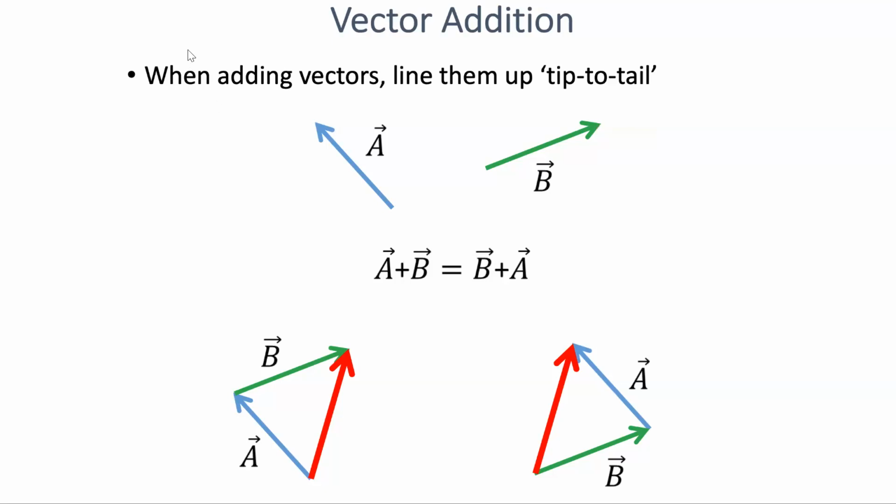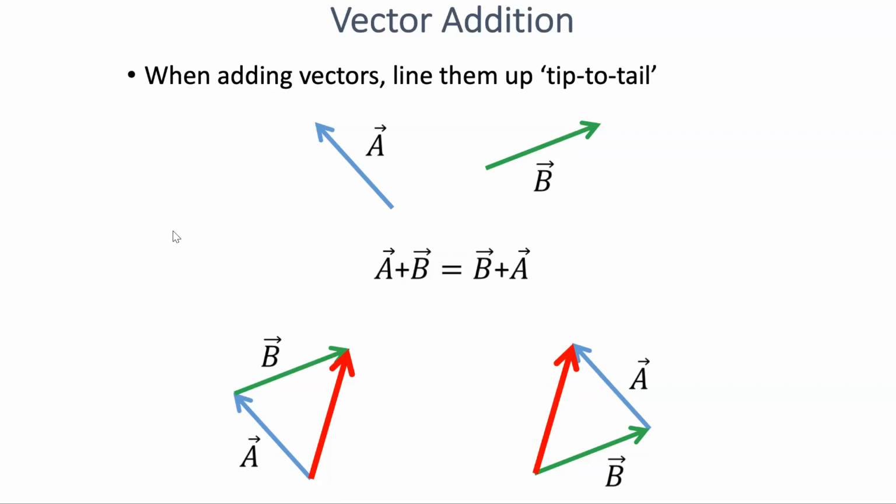But yeah, so vector addition. When adding vectors, it's really important to keep track of what the tip is and what the tail portion of the vector is, because sometimes it can affect your final result, and we don't want that. For this example, we have a vector A in the blue arrow and a vector B, which is green.